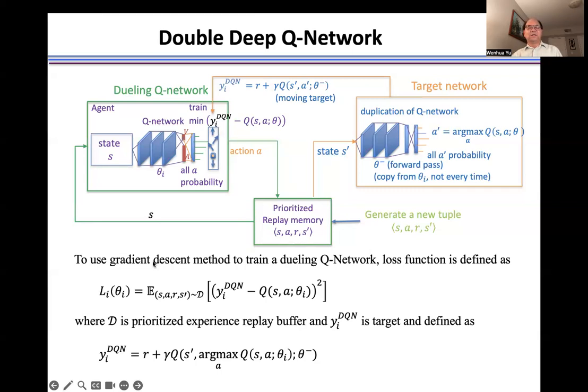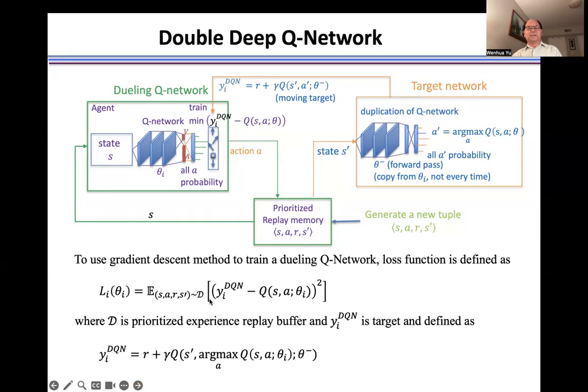So to use the gradient descent method to train the dueling Q network, we need to define a loss function. For the loss function, we sample from the replay buffer. And here we define the target, like we already showed. And we use this as the loss function. Here, this is the target.